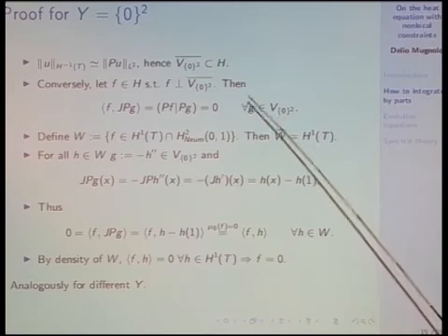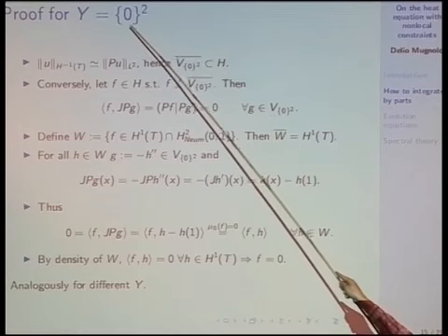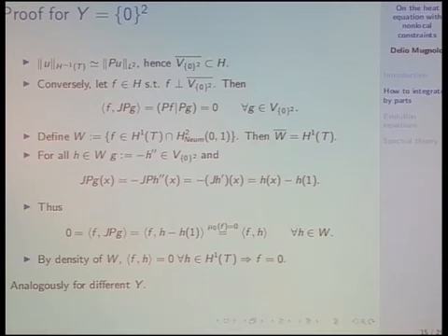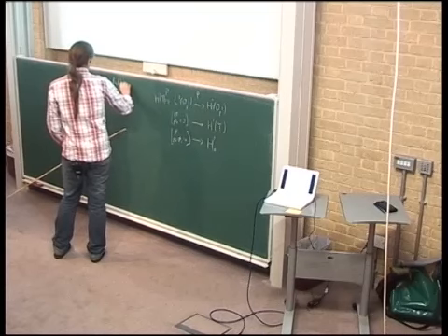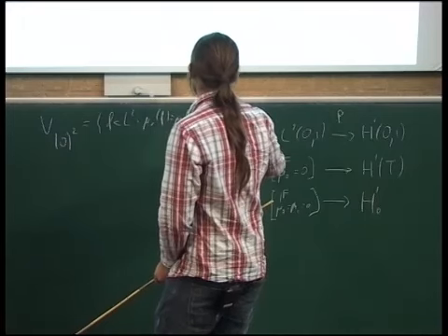So first of all, I only prove it for the choice y equal to 0, which means that I'm taking the space V_0 squared, which is just those functions in L2 such that mu0 f equals mu1 f equals 0.